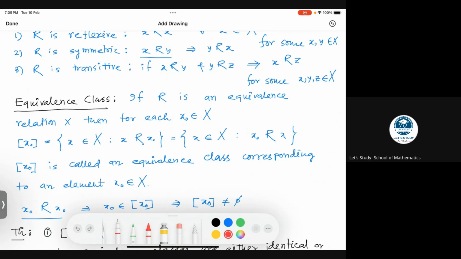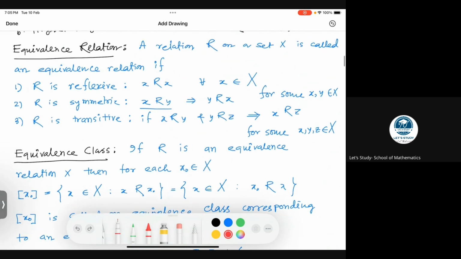Okay. So for a relation R on a set X, first of all, I need a set X. On this set X, R is a relation. It is called an equivalence relation if it satisfies the three postulates. It means it is reflexive, symmetric, and transitive.